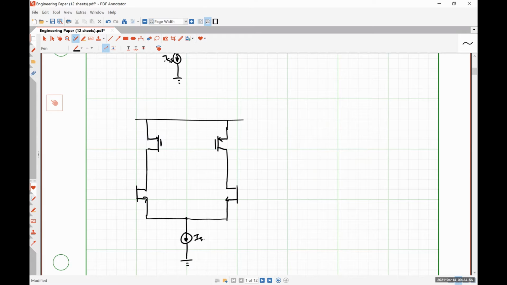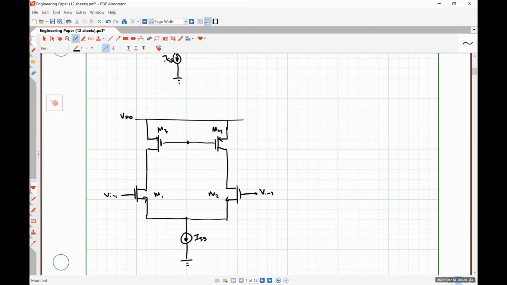Call this guy ISS. Here is VN1. This will be M1. This will be M2. Here's VN2. This is M3. This is M4. Here's VDD. So right now we effectively have the exact same thing as we have up above, except we're replacing those resistors with a PMOS transistor.